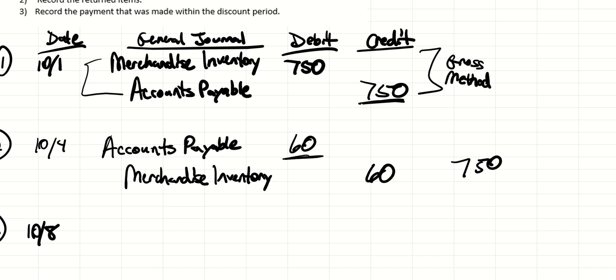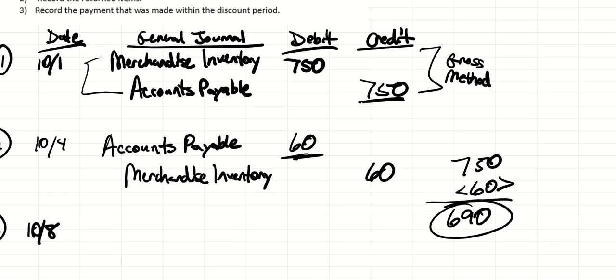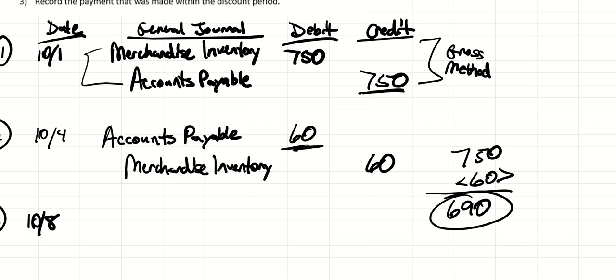We're going to take the balance from here, because that's the accounts payable account. We're going to subtract this $60 from this $750. That's going to give us $690. So this is our updated accounts payable balance as of October 8th.